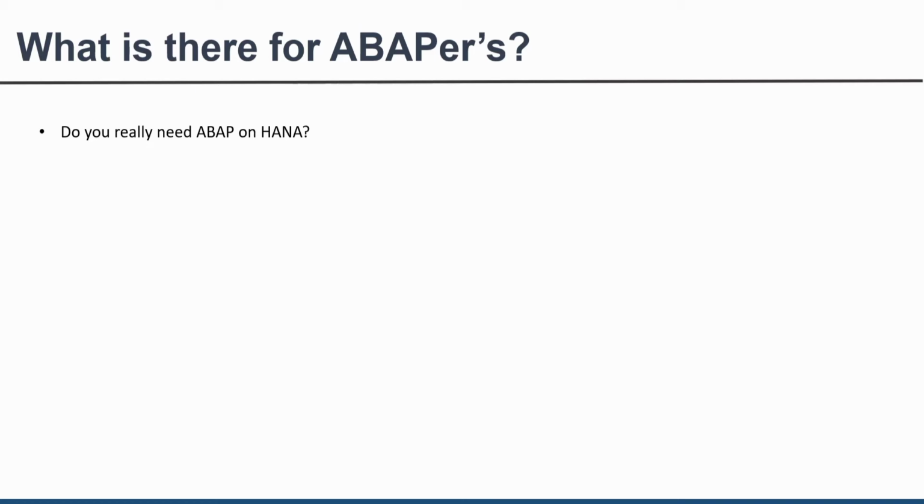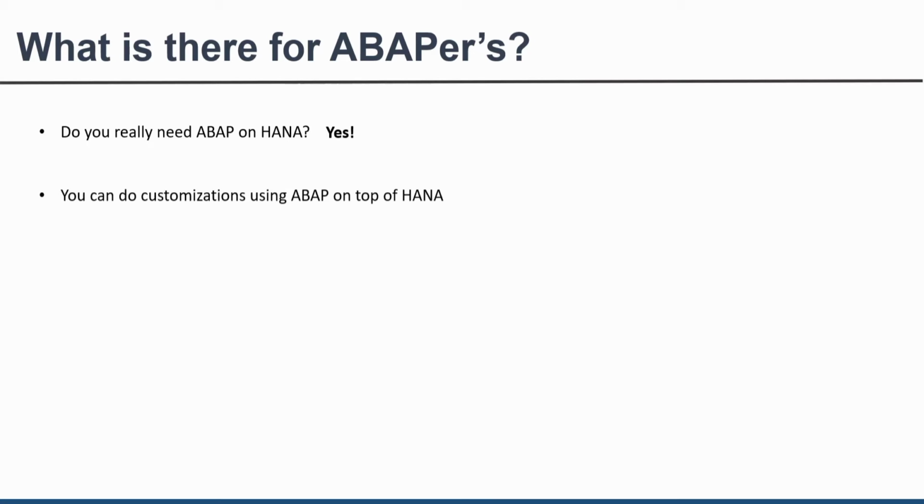Then obviously, if you are going to use HANA as an underlying database, your client will definitely need some customization on top of it. So the answer of this question is yes, you really need ABAP on HANA. So just relax. Definitely there is a need of ABAP on top of HANA.